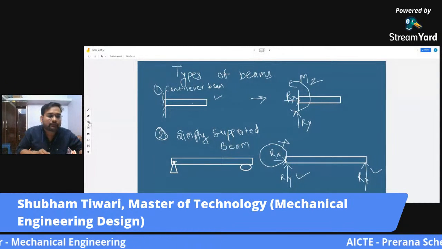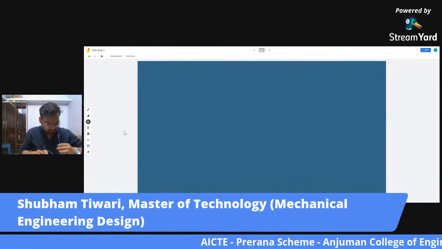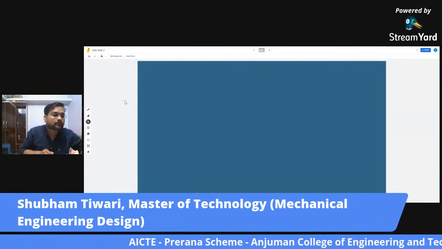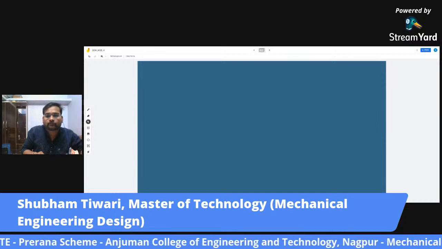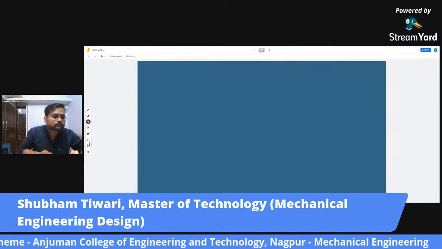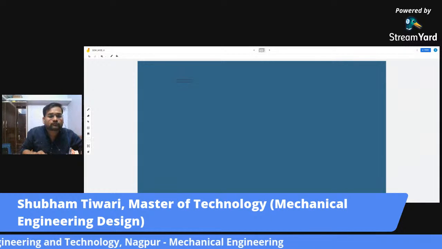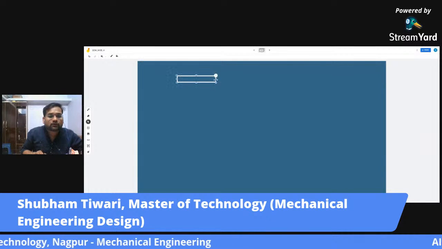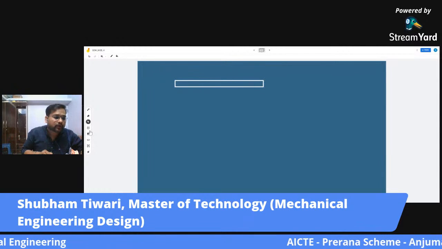So what are other types of beam that you should know? So this is a beam here.